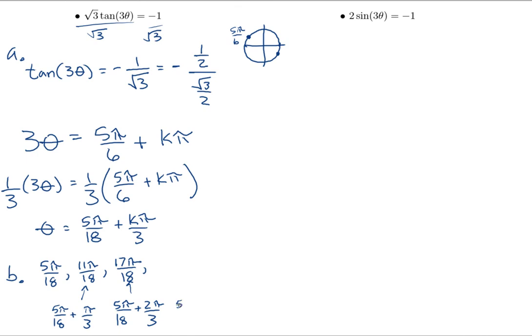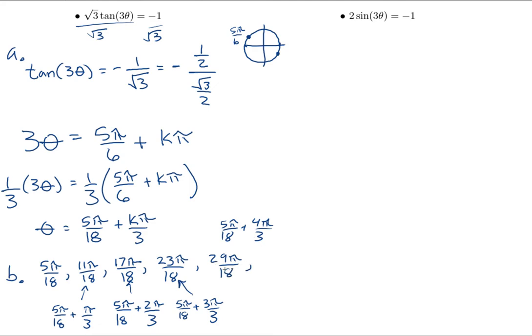And then 5 pi over 18 plus 3 pi over 3, right? So we got 18 plus 5 is 23 pi over 18, and we're still not there. This is still just barely above pi, so we got to keep going. So how about 5 pi over 18 plus 4 pi over 3? The common denominator there would give me 5 plus 24 pi over 18, so that's going to be 29 pi over 18.